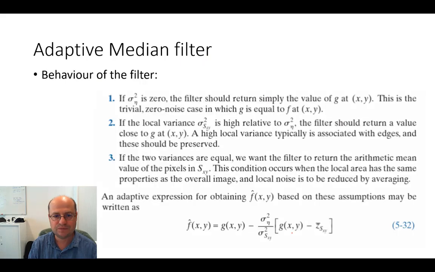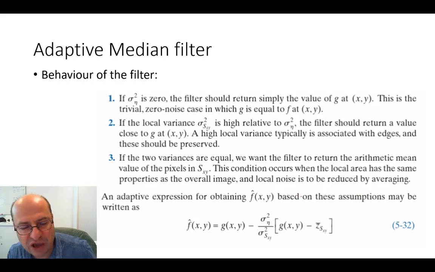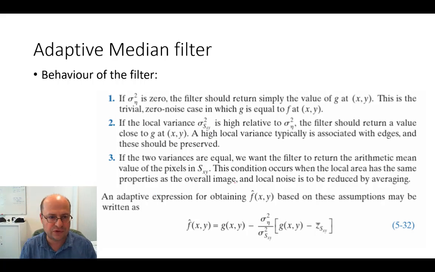The behavior of the algorithm is the following. If the global standard deviation of noise is 0, the filter should simply return the value of g at x and y. It basically doesn't do anything.